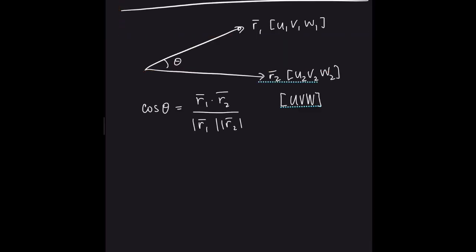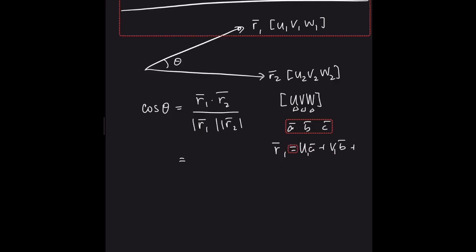We must also consider how long the side lengths of the unit cell are, because the UVW here didn't really include your A, B, and C, but you know that R1 equals U1A plus V1B plus W1C.